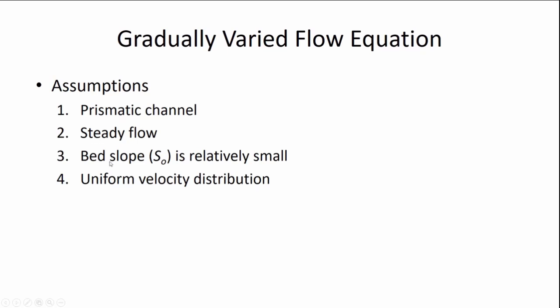Now, assumed here is that our bed slopes are relatively small, meaning that the channel slope in open channel would very rarely be any greater than 2 or 3%, and as long as we stay below that, everything's fine. Uniform velocity distribution is maybe the biggest weakness in what we're going to be assuming, that the velocity at the bottom of the channel is the same as the velocity at the top of the channel.